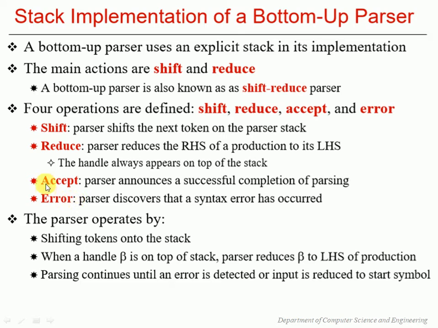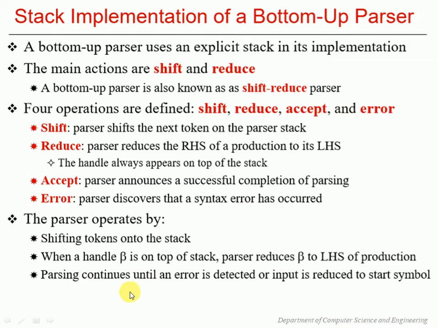We have two other obvious operations. Accept: the parser announces successful completion of parsing. And whenever a syntax error occurs, the parser discovers it and performs the error operation. The parser operates by these actions. First it starts shifting tokens onto the stack, and when you find a handle, say beta, at the top of the stack, it reduces beta to the left hand side of the production where beta is the right hand side.